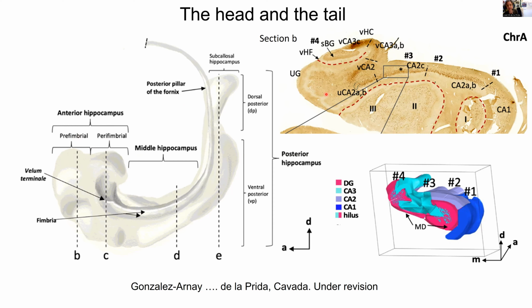As you can see in the head, staining for chromogranin, you can see the location of the CA2 at this level. And what I have been showing is essentially at the level of the middle hippocampus, which is comparable with the body, and with what we have seen typically in rodents.